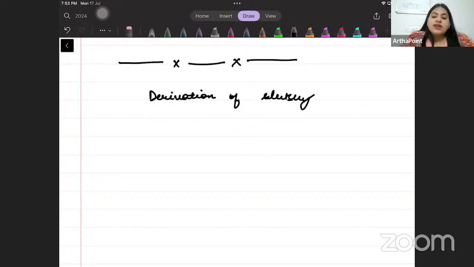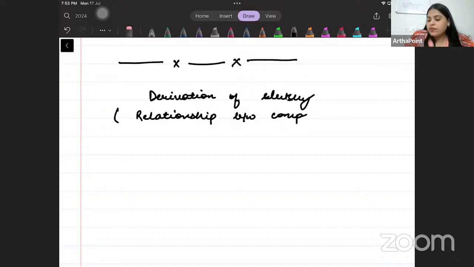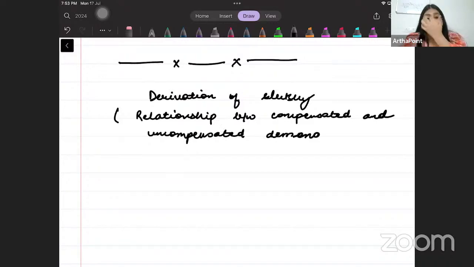The other way of understanding this can be the relationship between compensated and uncompensated demand. So we need to derive the relationship between compensated and uncompensated demand. बहुत ध्यान से समझो. It's a little tricky.